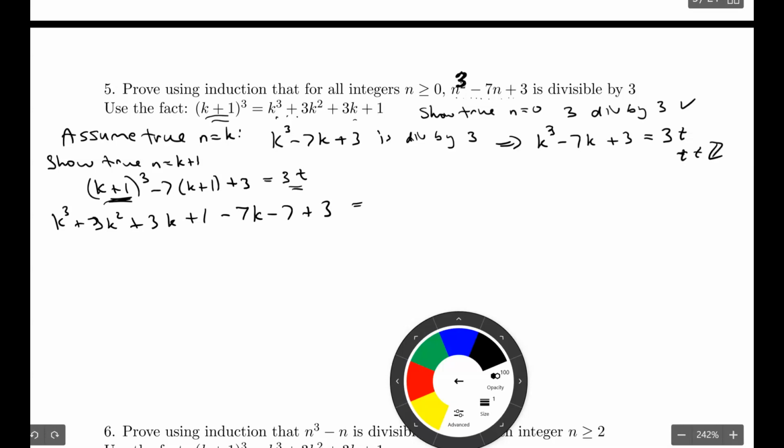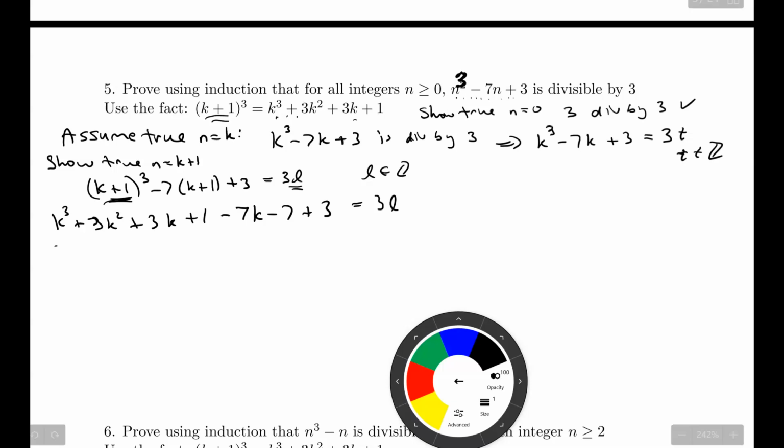And so what I want to show is that it's equal to, not 3t. I want to make it a different letter because I want to be able to substitute in 3t. So I'm going to say it is equal to 3l, because this is not going to be the same letter, right? So l, an element of the integers. Here we go.